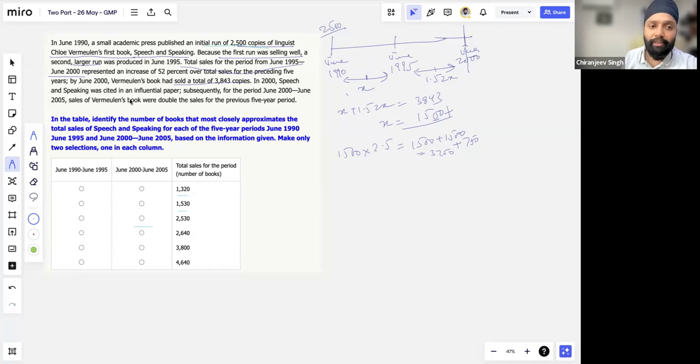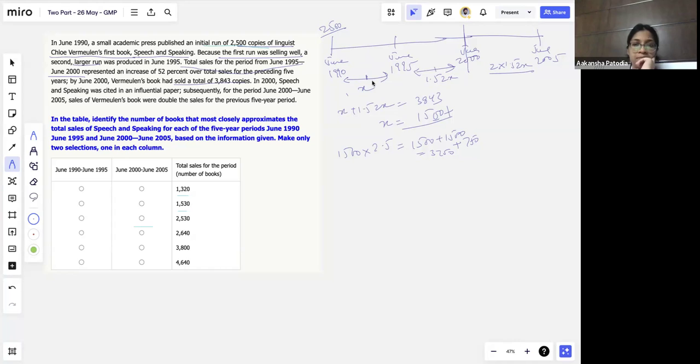In 2000, this book was cited in an influential paper. Subsequently, for the period June 2000 to June 2005, the sales were double the sales for the previous 5 years. So double of 1.52x.